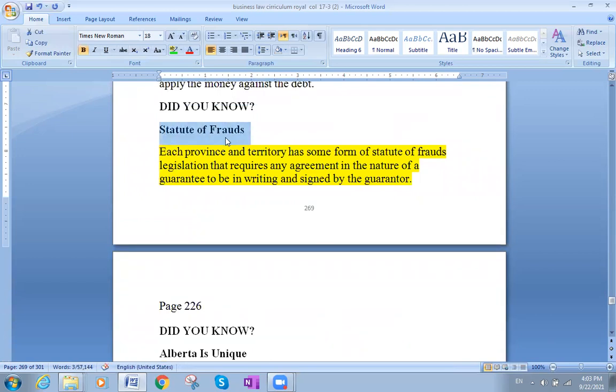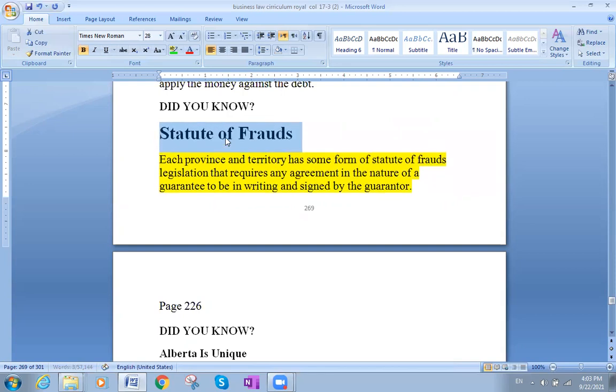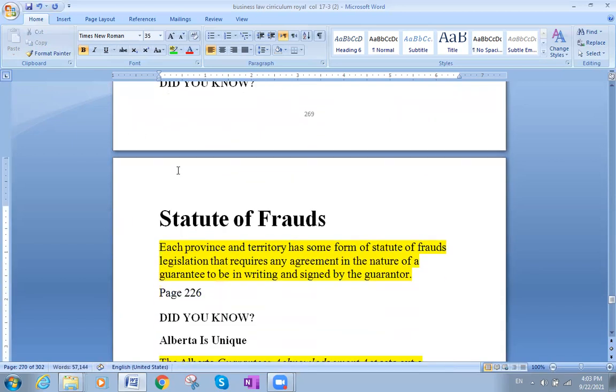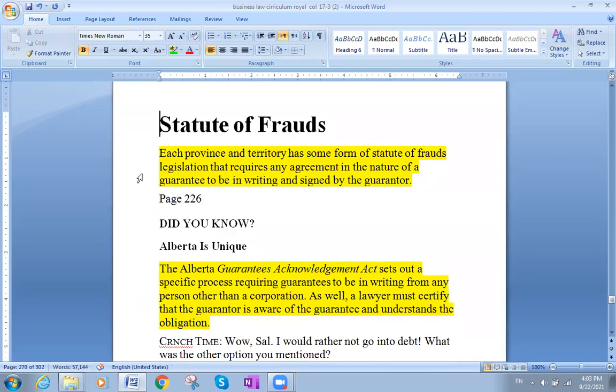Statute of frauds. We will learn something about the statute of frauds and how it helps in monetary transactions here in Canada.